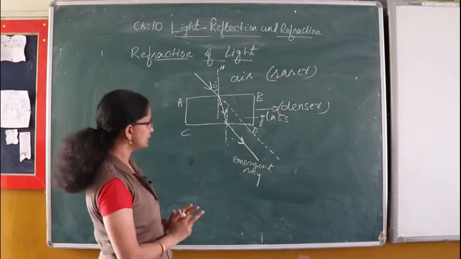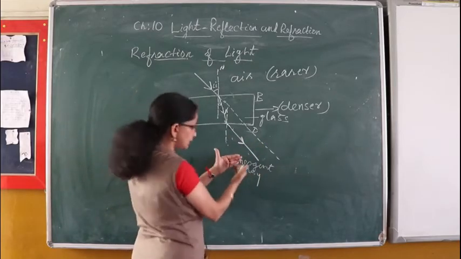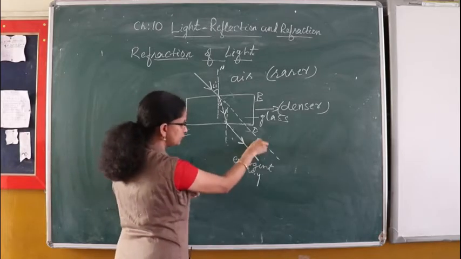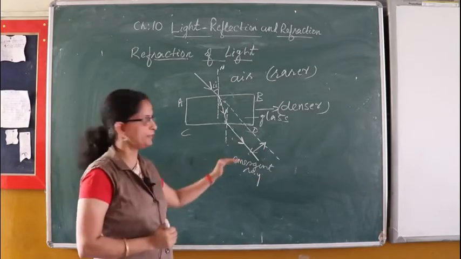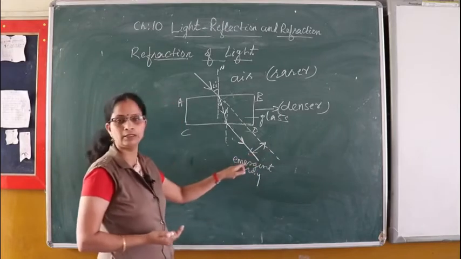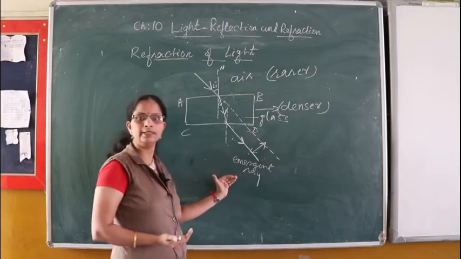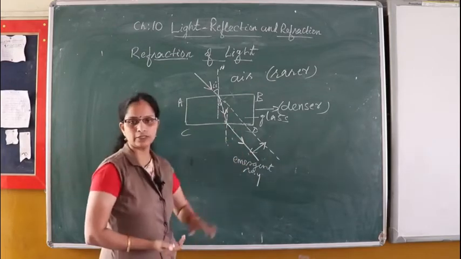But one difference is that the emergent ray is shifted a little to the side. This much is the distance that it is shifted from its original pathway. This is known as the lateral displacement. So the ray is laterally displaced, but it appears parallel to the incident ray.